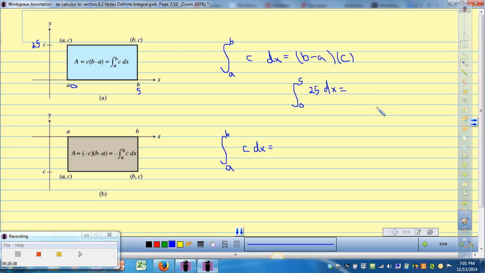So the area under that curve would just be the b minus a, 5 minus 0, times the function value, which is 25, giving us 125.